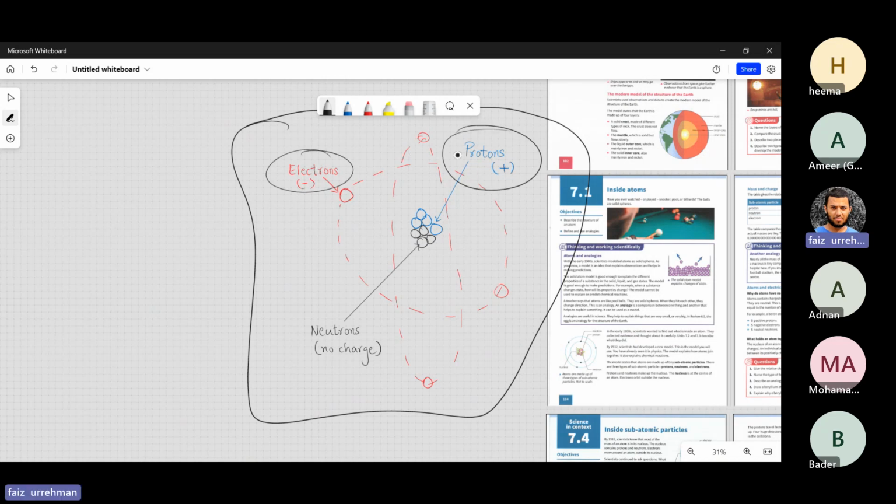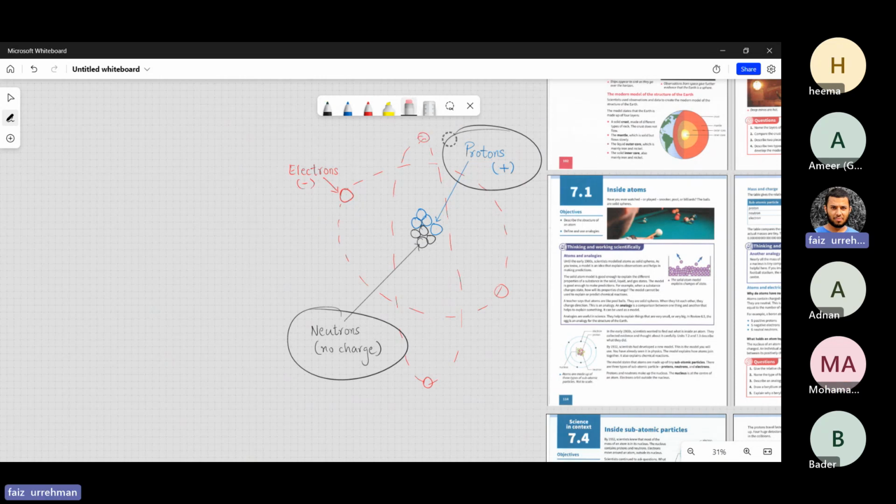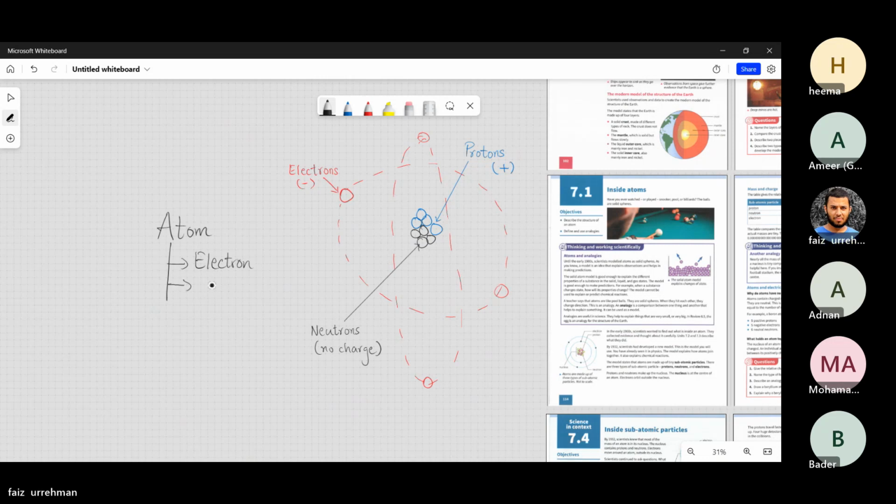Three: one, two, and three. These are known as subatomic particles. So you have the atom, and then inside the atom, any atom is made up of electrons that are moving, and protons and neutrons that are at the center.